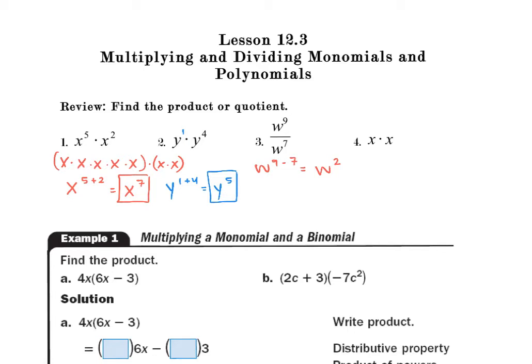And the last one in this review section, number 4, x times x, well, this would be like x to the 1st power times x to the 1st power, so this is x to the 1 plus 1, which is x squared. This is a good time to just remember that x plus x is 2x, and x times x is x squared. We've talked about that relationship several times, but it's going to be really important to us today especially.